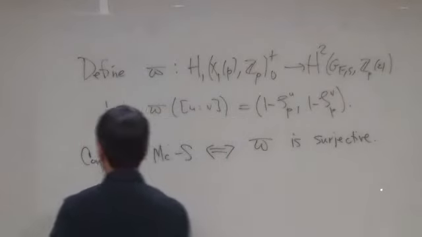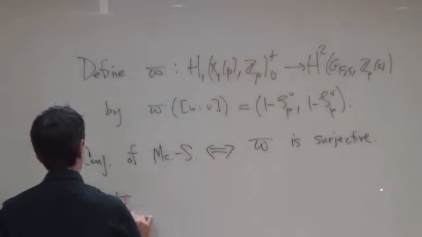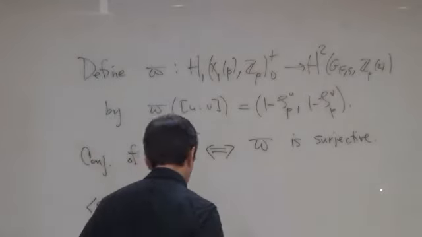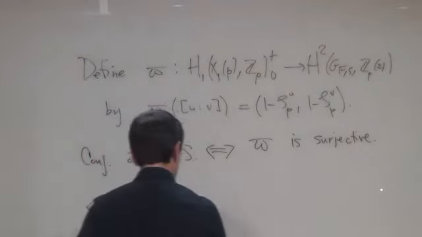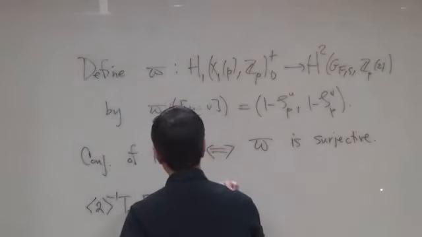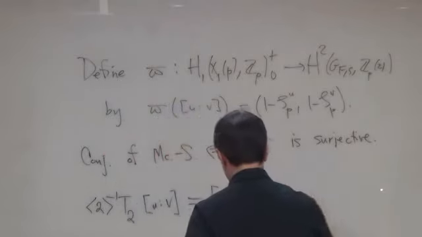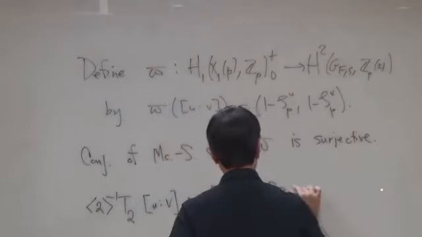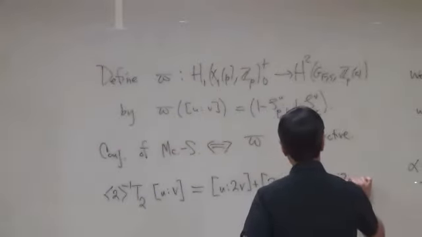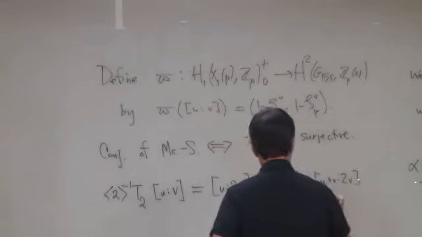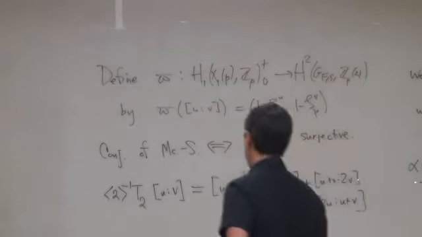So it turns out that if I take the diamond operator inverse times T_2, so if you like it's the adjoint Hecke operator, and I apply that to (u,v), then I get (2u,v) plus 2(u,v) plus (u+v,2v) plus (2u,u+v). So a computation gives you this.